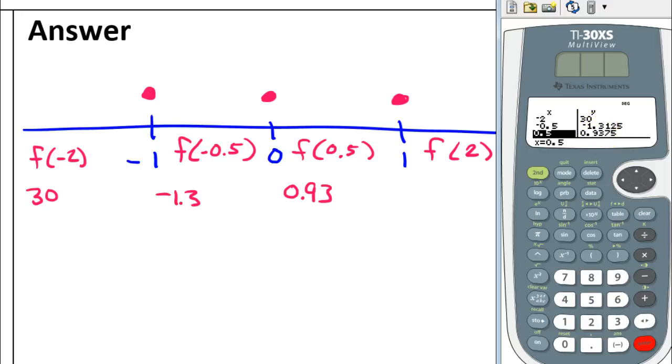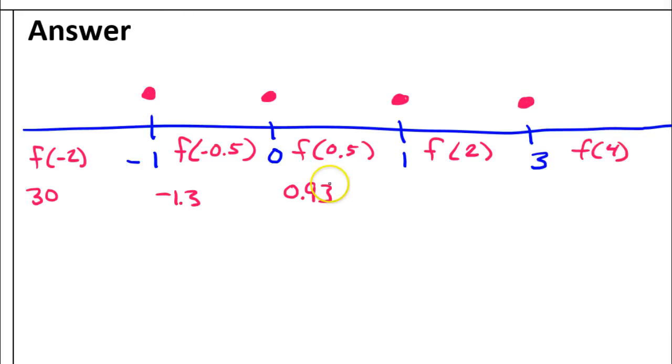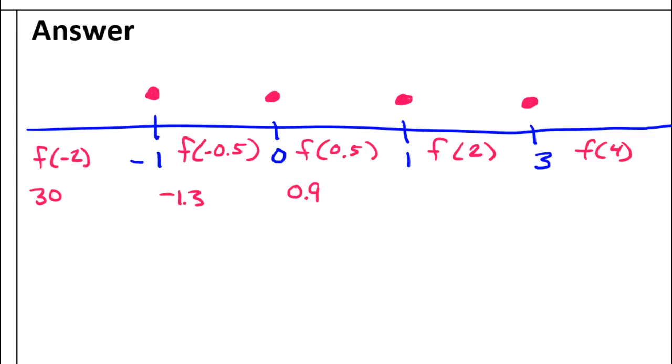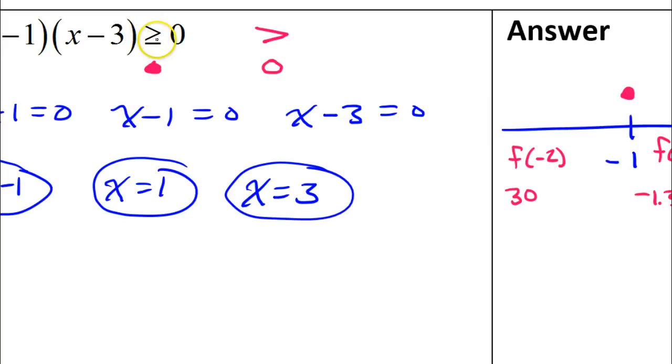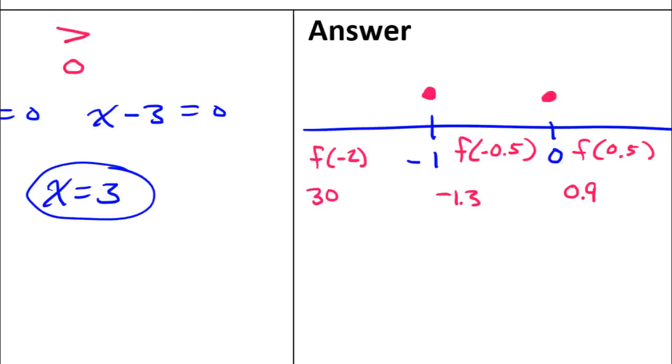Okay, I guess I could say 0.94 if I rounded properly, but that doesn't really matter that much in this context. In fact, let's just call it 0.9. So again, we are looking to see if the value of the function is greater than or equal to 0.